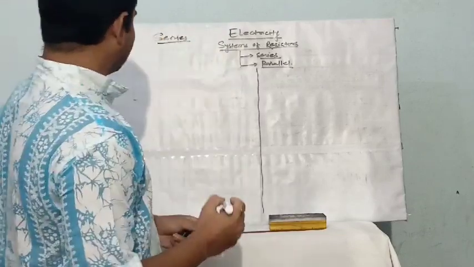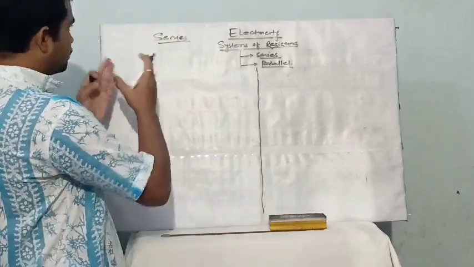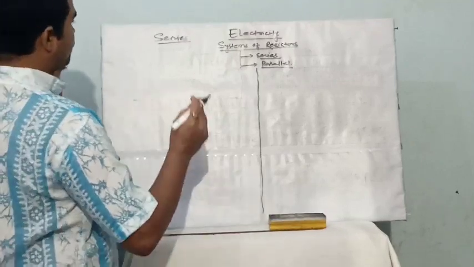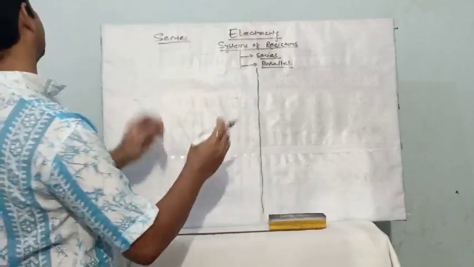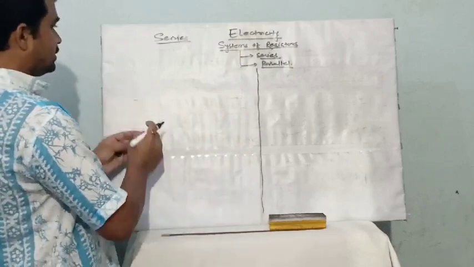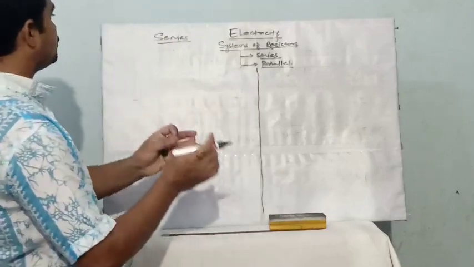Before starting the series combination, we should know some properties of the series combination, and one of the most important properties is that the amount of current passing through each resistor in the combination is constant.